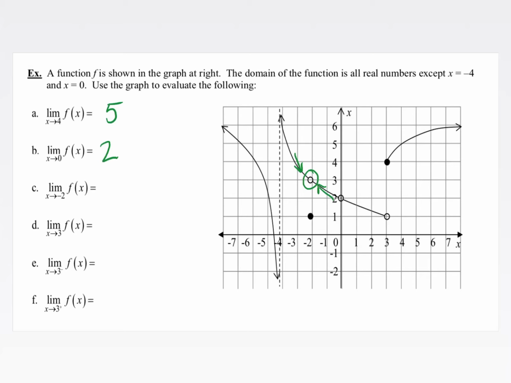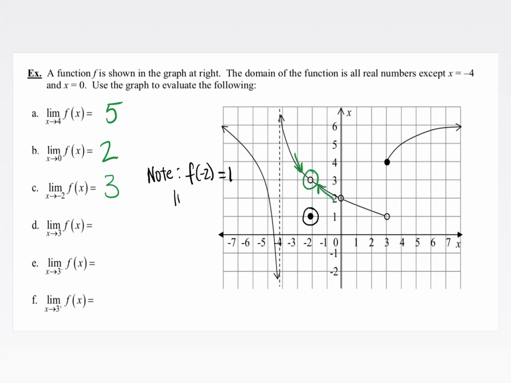So this gives us 3. But I wanted to make a specific note that f of -2 equals 1. So if we're not applying a limit, but just f of negative 2, our graph is shifted a little bit here, I apologize, but that gives us 1.